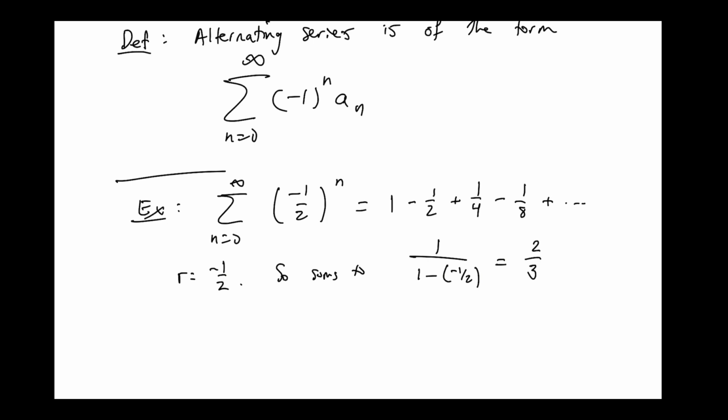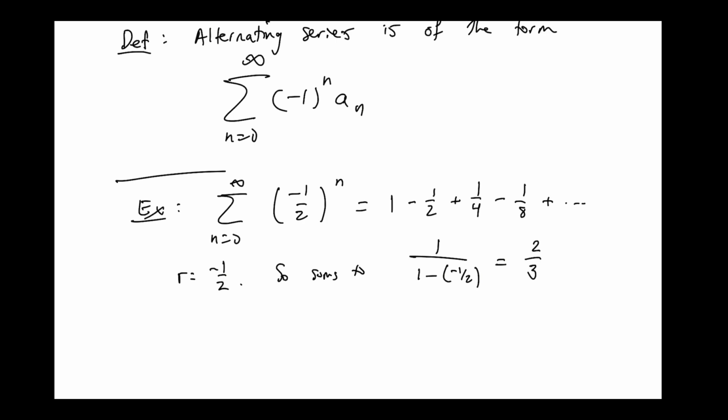Does that make sense? So geometric series, and maybe to an extent the telescoping ones, are the only series that we've looked at thus far that had both positive and negative terms.